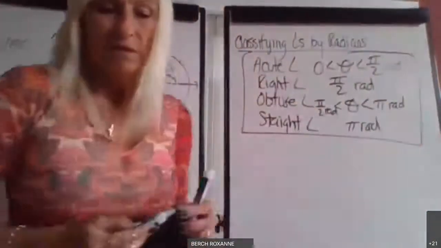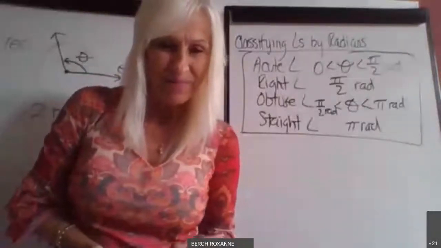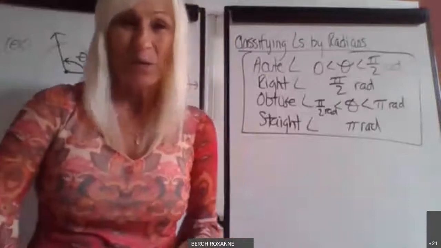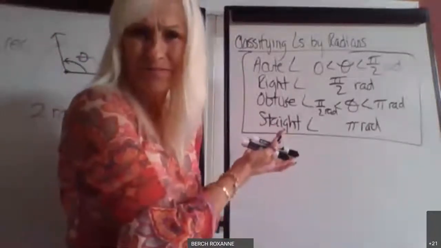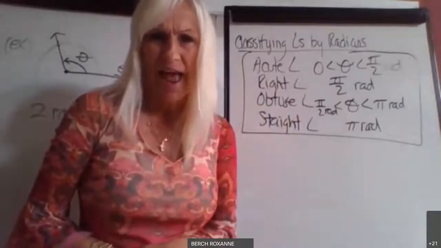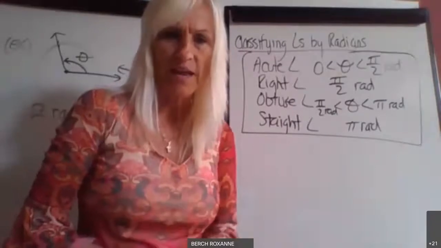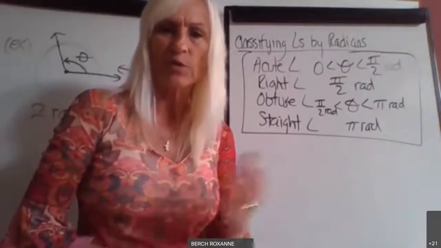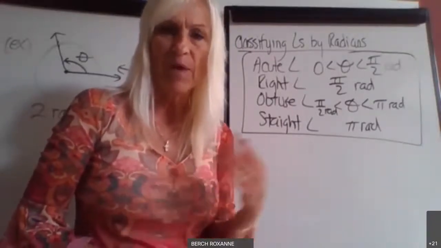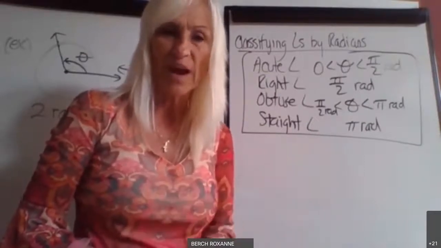Now, the world isn't perfect, so our answers are going to get worse than this. I mean, we're going to have pi over 12 radians, 5 pi over 12 radians, 6 pi over 7 radians, 11 pi over 12 radians, 15 over 17 pi radians.